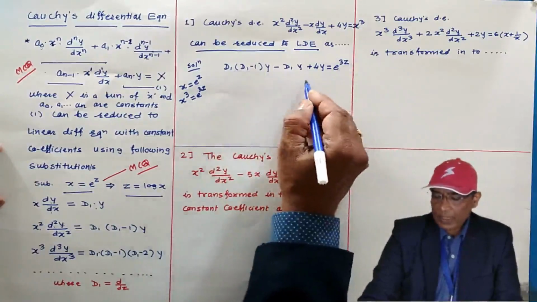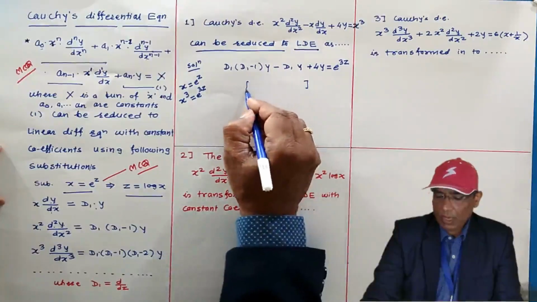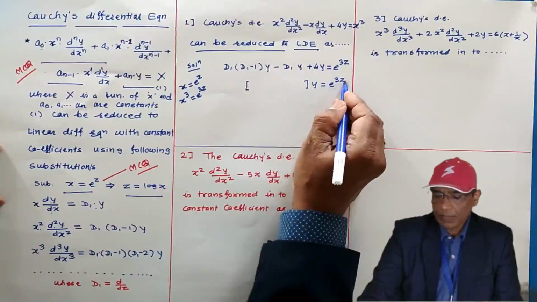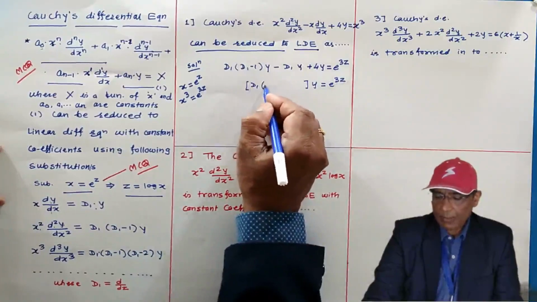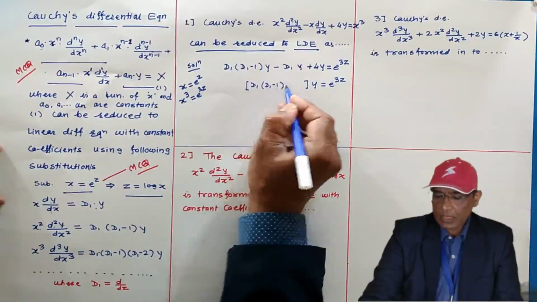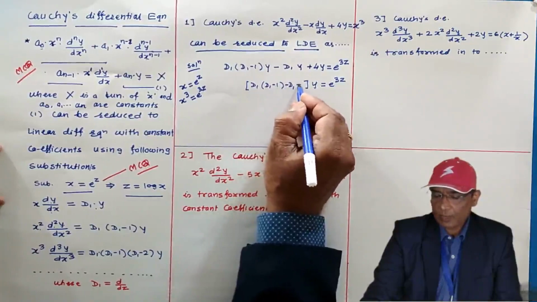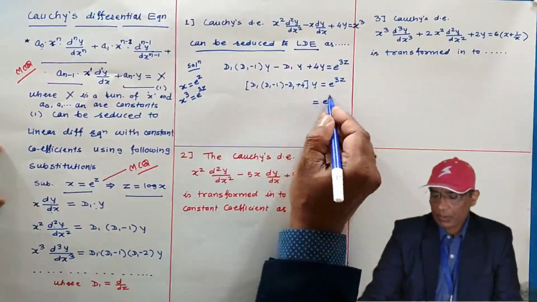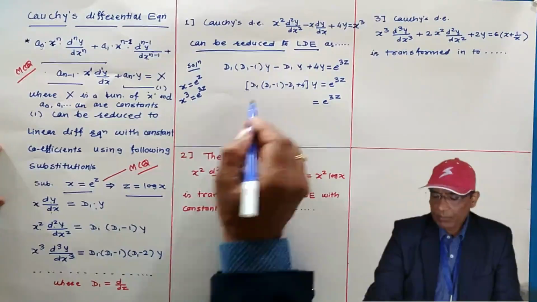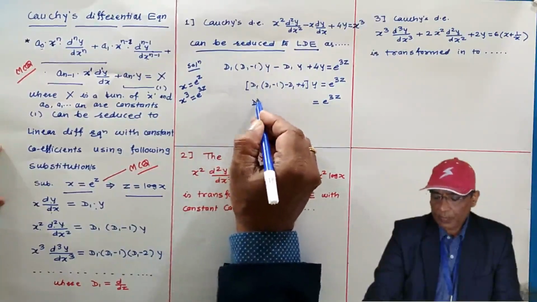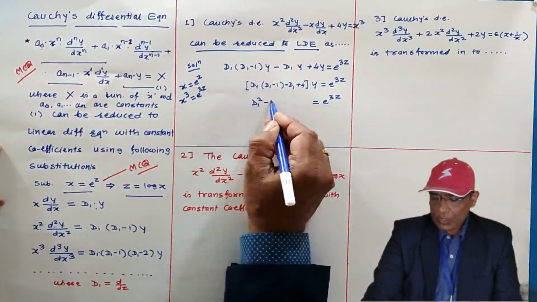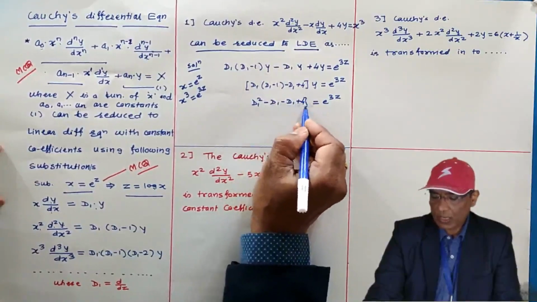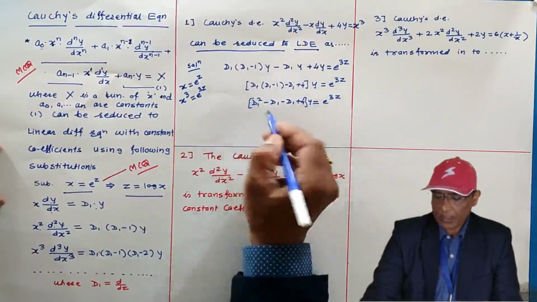Then take y common in the next step. I am taking y common. As it is, only y common I have taken. Next step, D1 into D1 is D1 square. D1 into minus 1 is minus D1, as it is, plus 4 as it is, and this outside of the bracket y as it is.